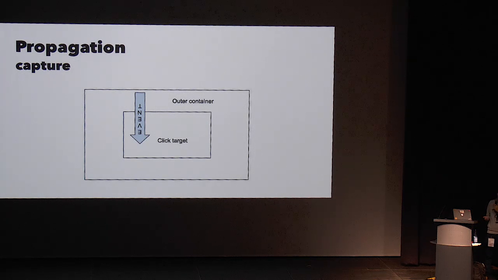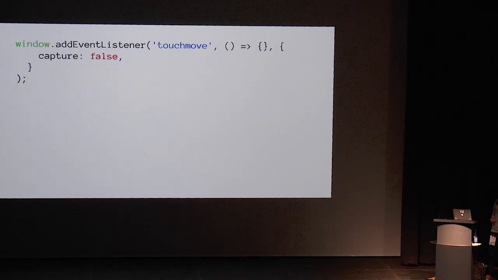But this parameter actually has changed in the last year, I'd say. It's not a Boolean anymore. It has now become an object, which allows us to configure even more event handler options. The first one, which is still in place, of course, is capture, because it was there before, so it still needs to be supported.